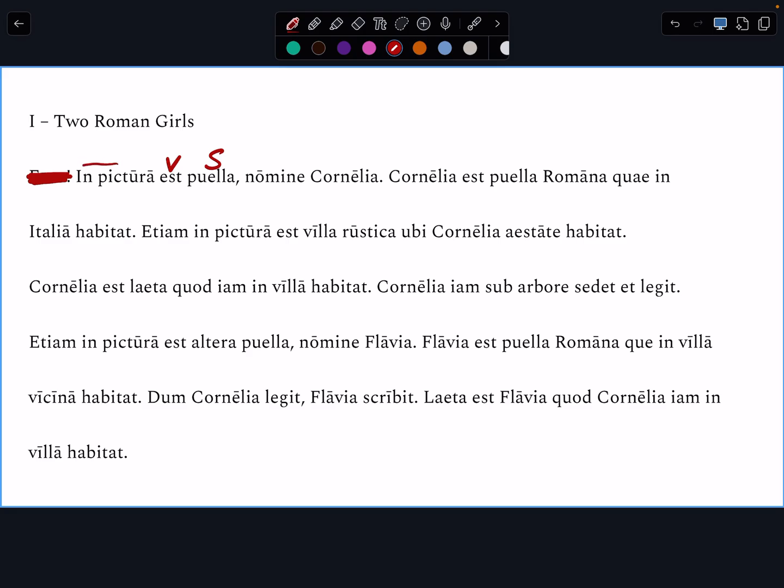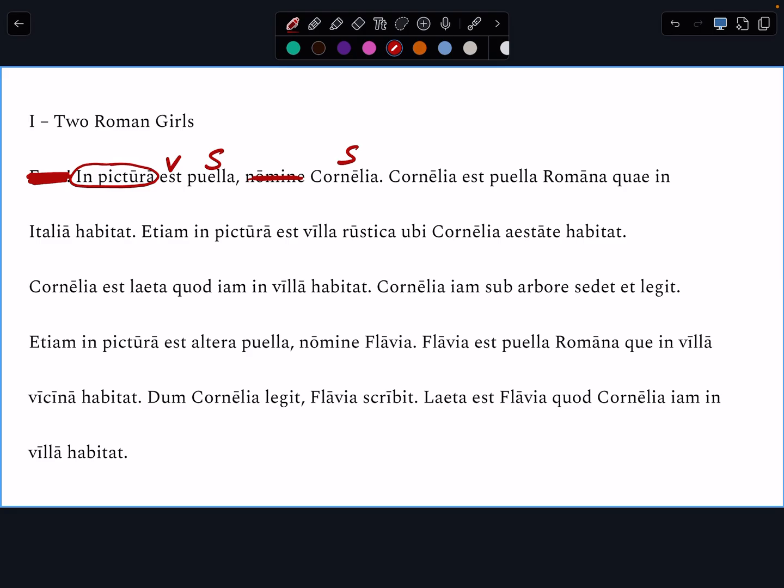In. Very good. So we're going to circle in pictura. Don't worry about the word nomine. We're going to ignore that for a moment. Cornelia. Are Cornelia and puella talking about the same person? Yes. So how would we mark up Cornelia? Still subject, yep.